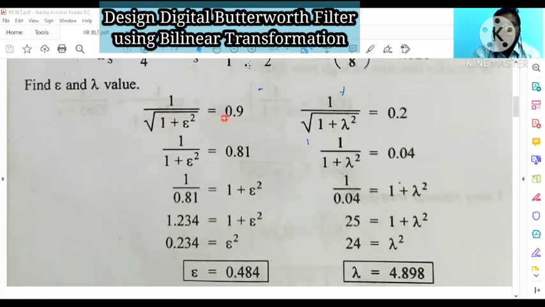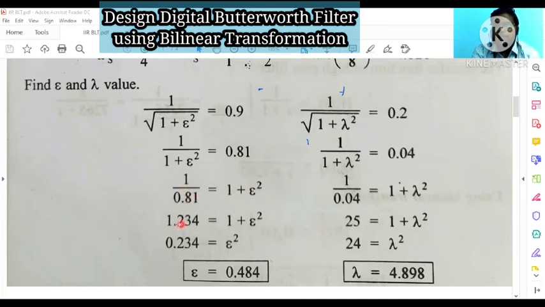As usual you do it here. First you take the square on both sides, so square and square root will cancel out. So you get 1 divided by 1 plus epsilon square equals 0.9 whole square. It means 0.81, right? So now 0.81 comes down here. So 1 divided by 0.81 equals 1 plus epsilon square.